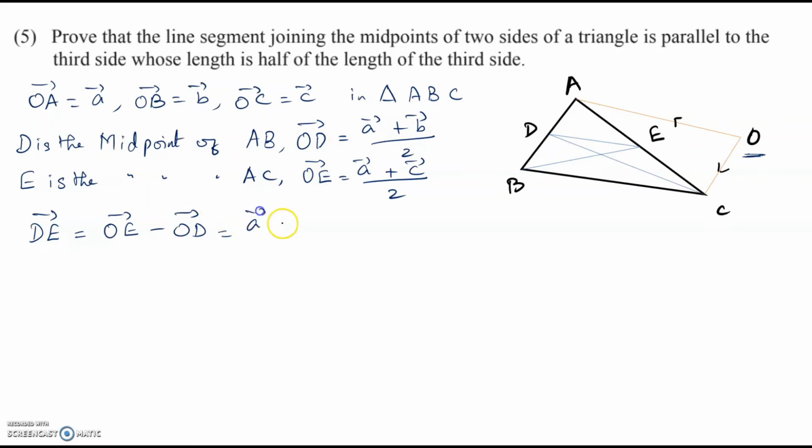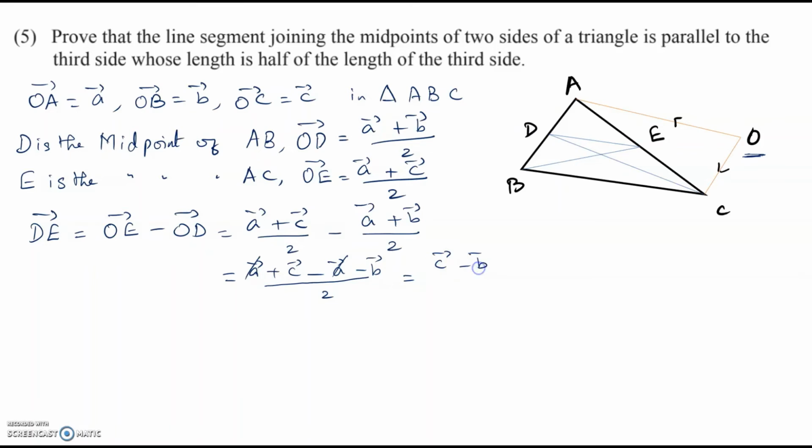So it's vector A plus vector C by 2 minus vector A plus vector B by 2. Further expanding, vector A plus vector C minus vector A minus vector B divided by 2, which is equal to, A and A will become cancelled, vector C minus vector B divided by 2.